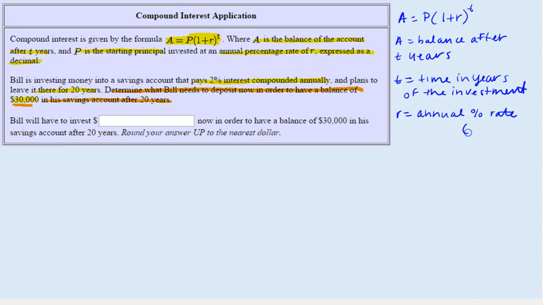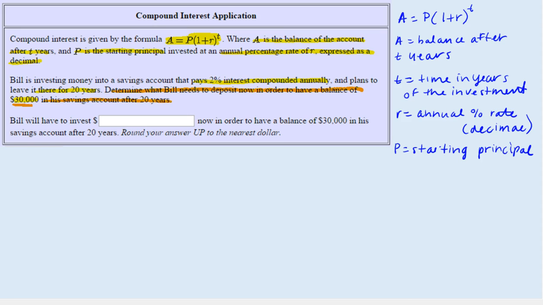And note it says to write that as a decimal. And also P is the starting principal. So that's the amount you initially invest. Starting principal. It's sometimes helpful to note that we use capital letters in finance formulas for amounts that involve money. So that'll help you make sense of those too.